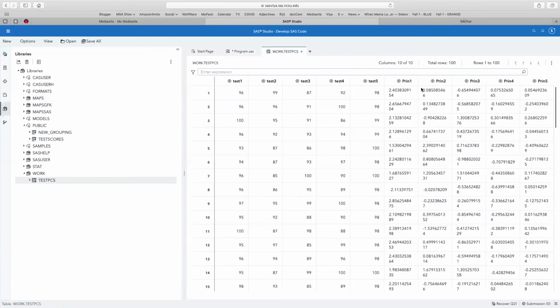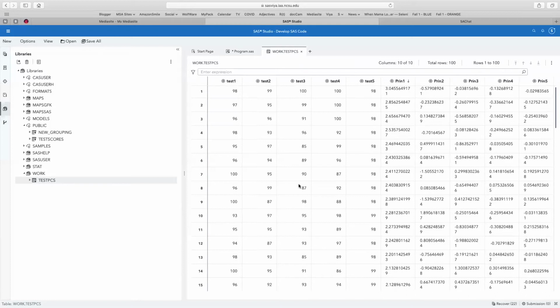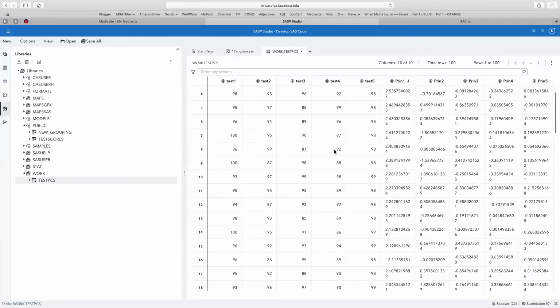If we actually look at this data set, maybe we can sort. Yes. So this individual had the highest score for principal component 1. You'll also notice he or she aced nearly every single test in the data, especially those middle 3. Okay, the next highest score also did very well. And as you scroll down this page, you'll see the students who performed best on those middle 3 tests.